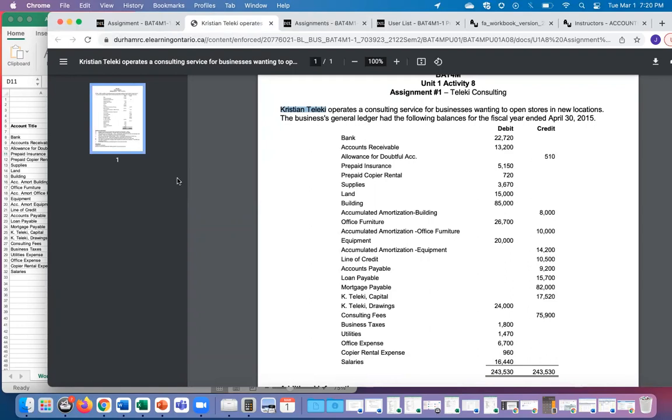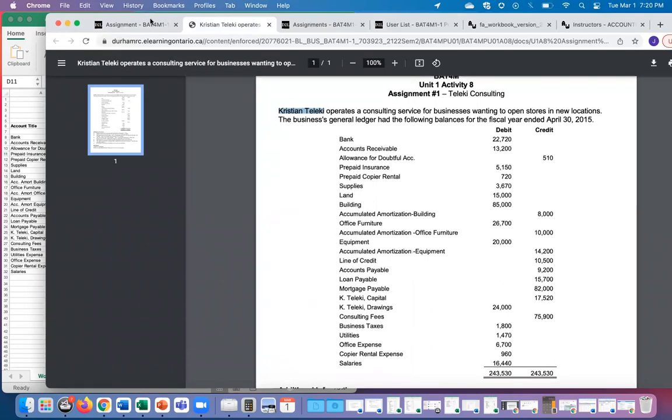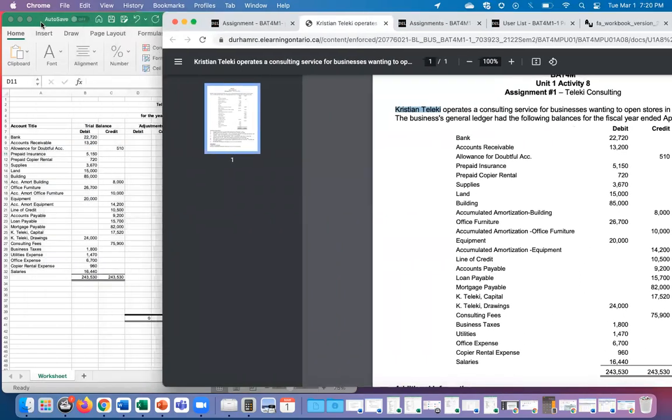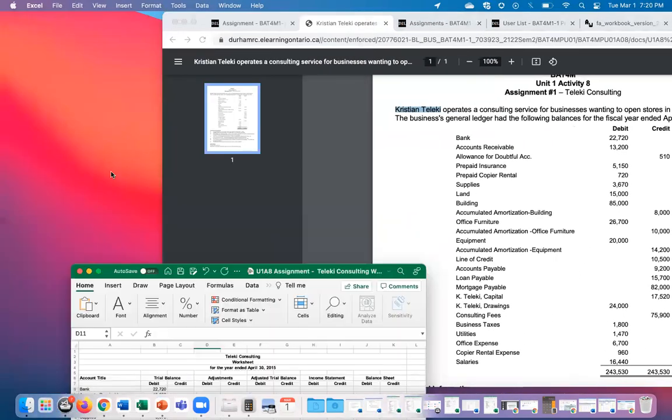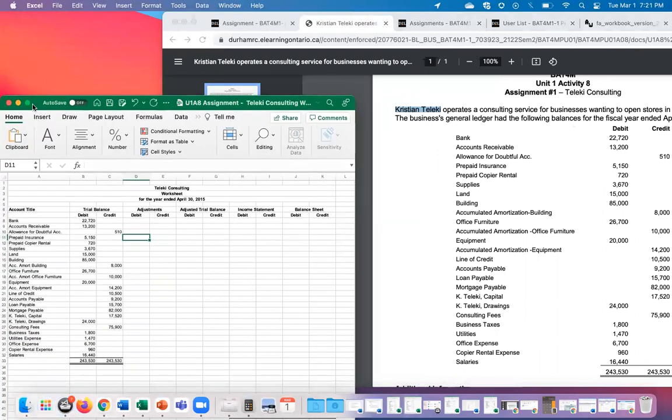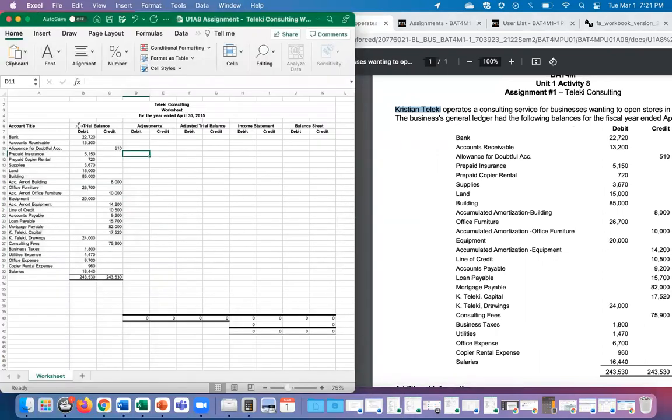And so, as I said, that's already loaded up into our worksheet, into the trial balance section of the worksheet. So all of this stuff is there, and then the balance at the bottom is the exact same, 243,530.